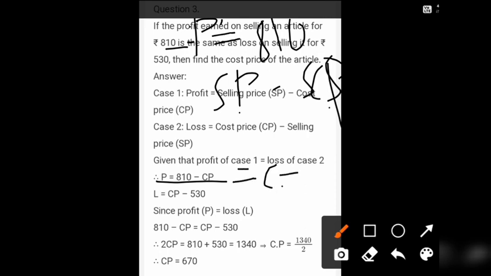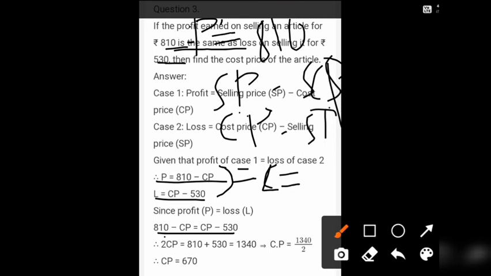Loss is equal to, what is loss? CP minus SP. CP minus, here SP is 530. Here given is same as, which is equal to. This transfers to this side means 2CP, and this transfers to this side means it gets plus.